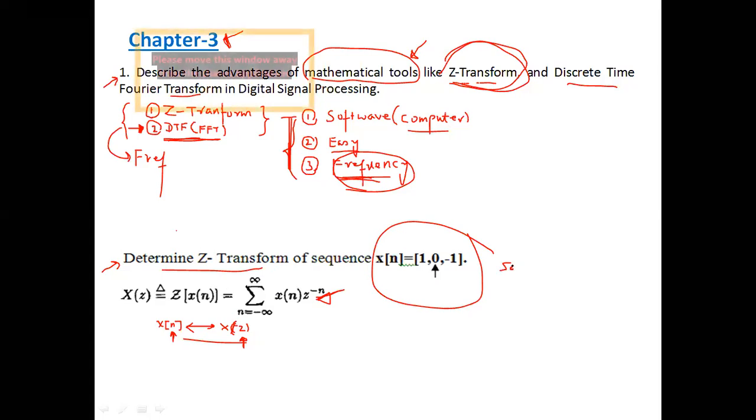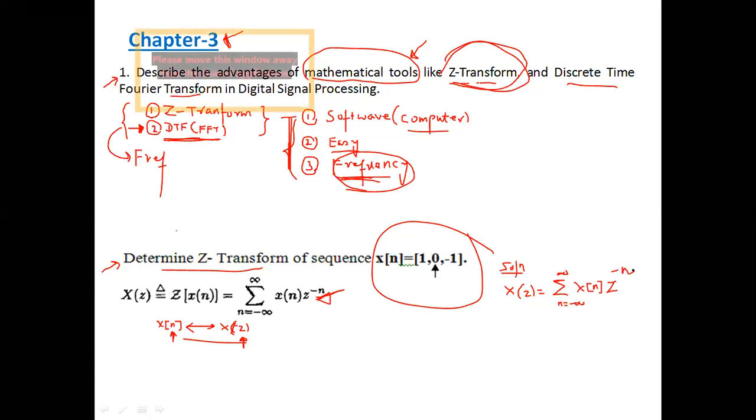Solution. Always start from the definition. X of z is equal to the summation, n from minus infinity up to infinity, x of n, the given signal, the waveform in time domain, times z, a variable, to the power of minus n.